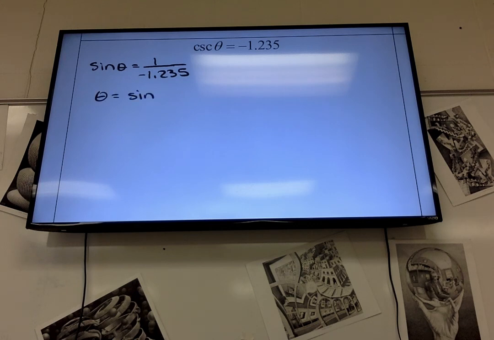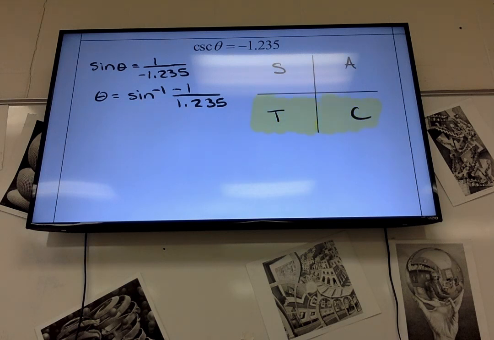So I'll be taking the inverse of that, but first let's figure out what quadrants it's in. So this time, sine is negative. So what quadrant? Third and fourth.